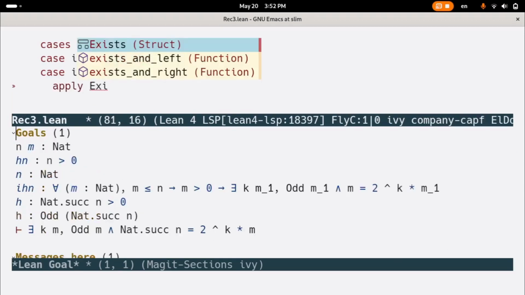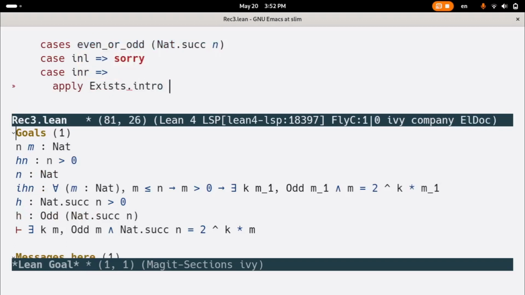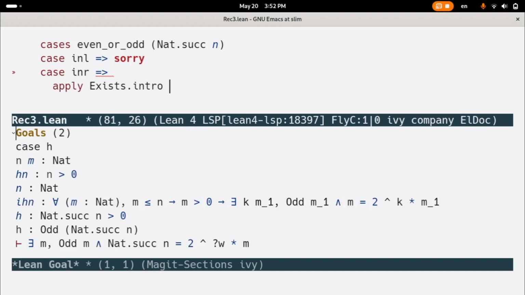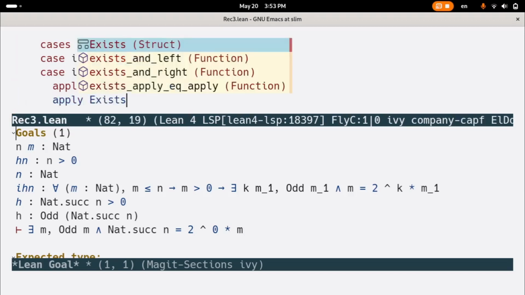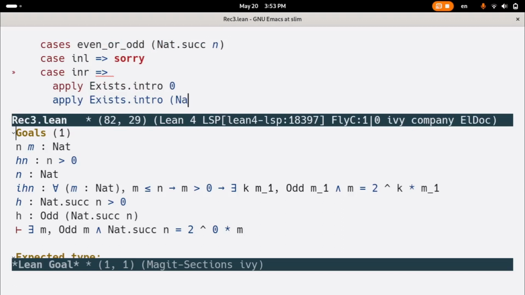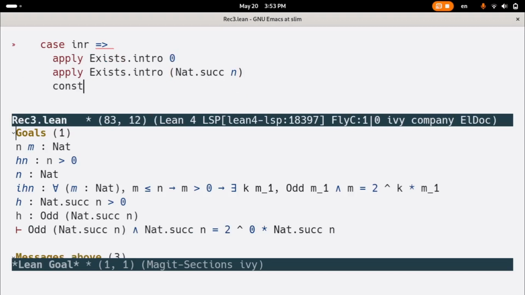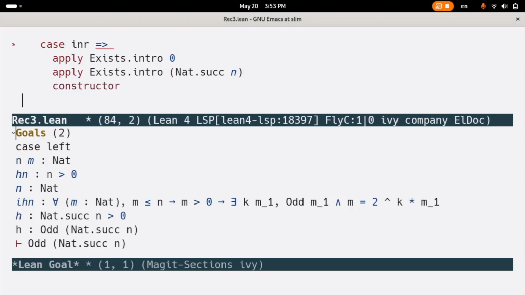In the INR case, we can set k to 0 and we can set m to n plus 1 and use the facts in the hypothesis to conclude the theorem.